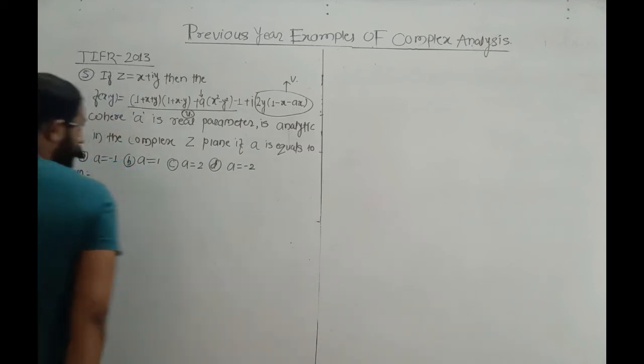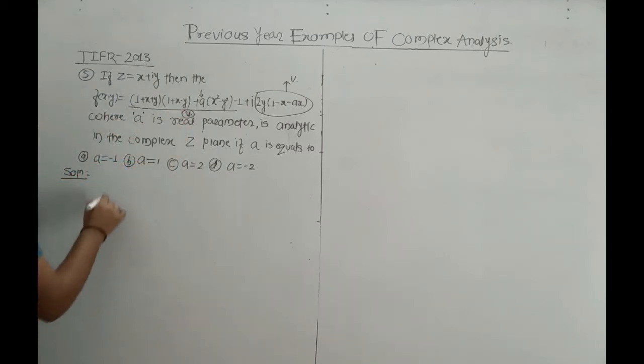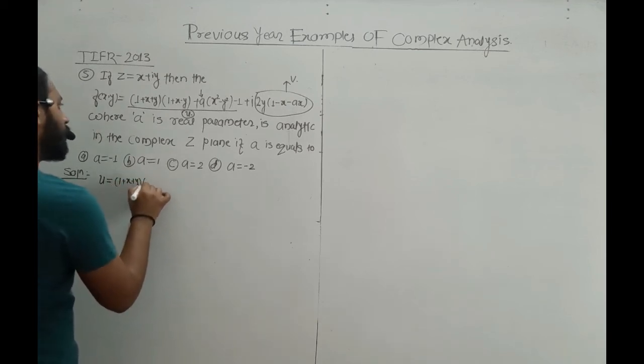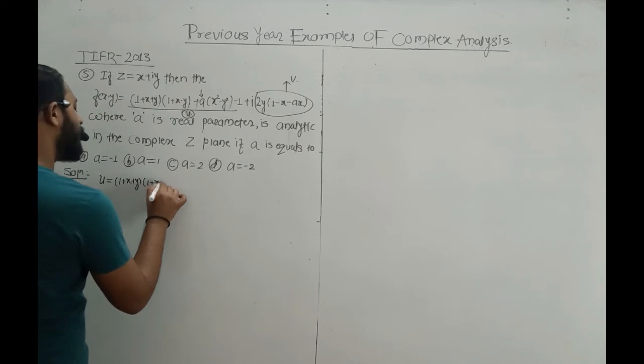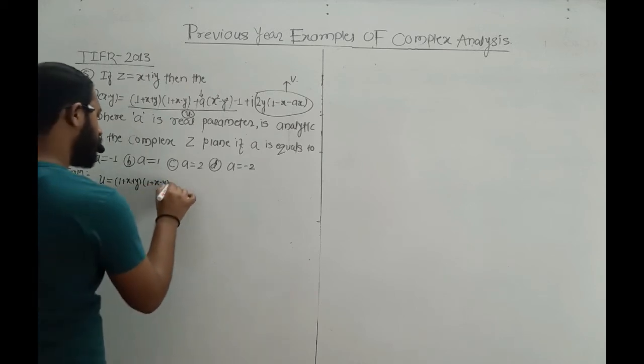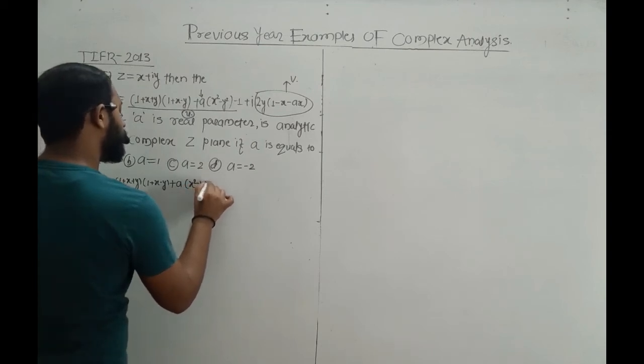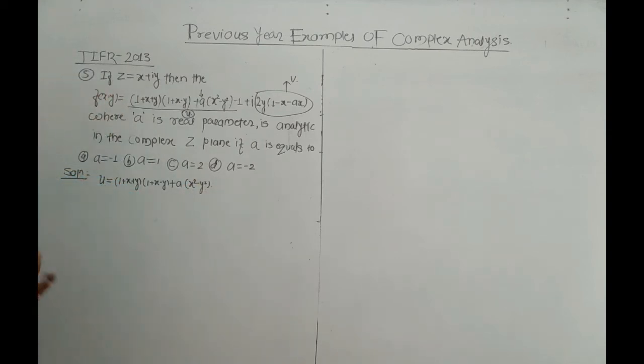Then we see first of all u equals to only, write it down, (1 plus x plus y)(1 plus x minus y) plus a into (x square minus y square). This is your real part.